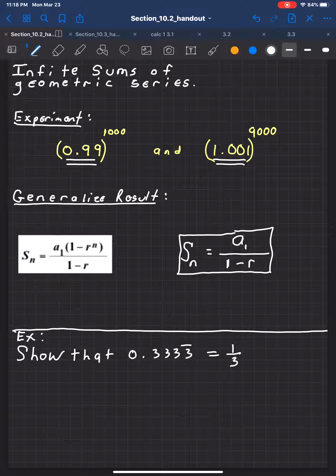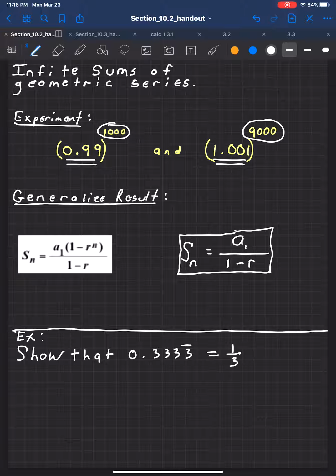Both of these are very close to each other. 99 cents, well, it's a little bit less than $1.01. But the idea is these numbers are very close to 1. What we're going to do is take both of them and raise them to whatever power you want. Just make it very large. And let's see what happens.